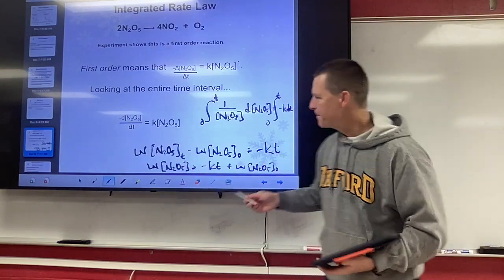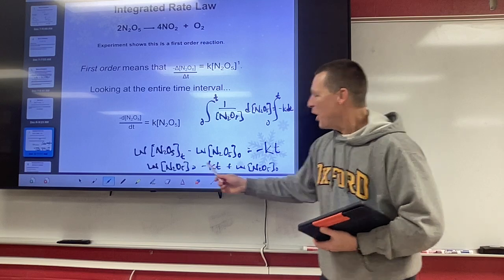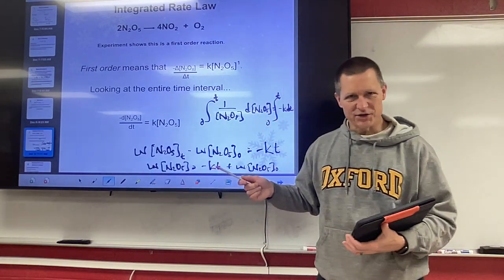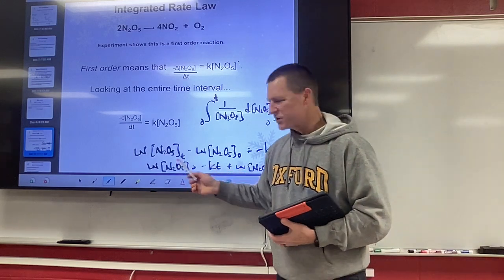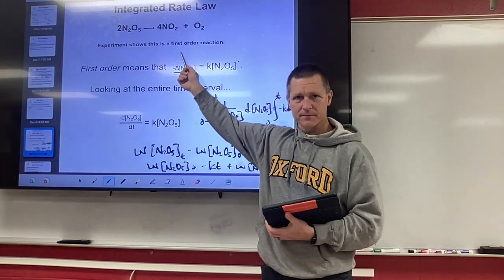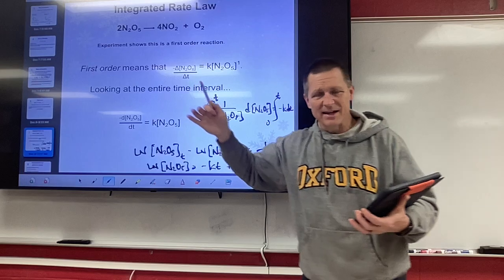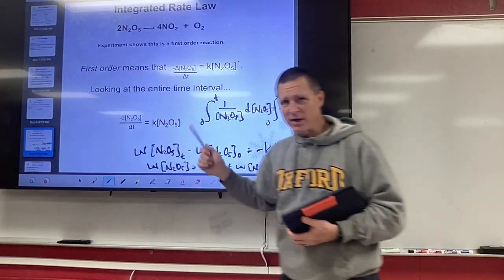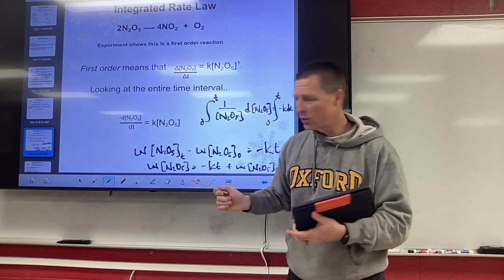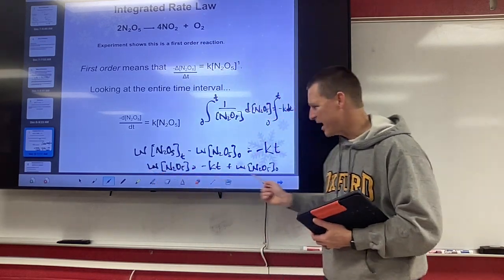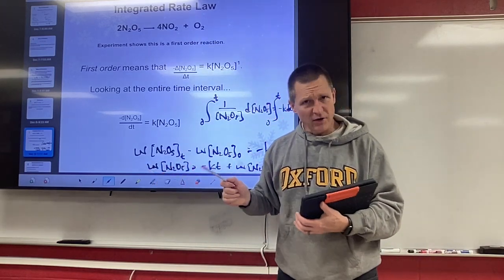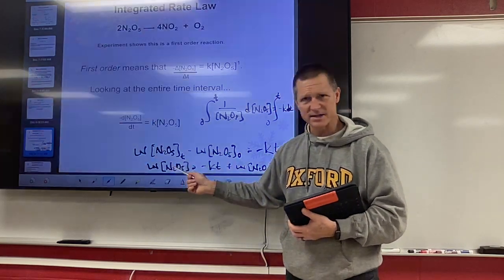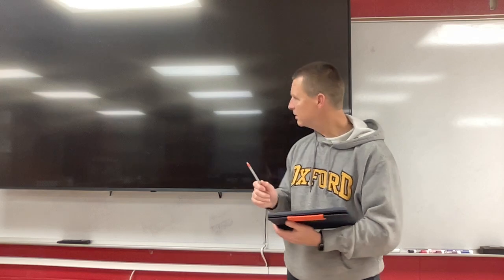What did this mean? I have a mathematical equation that describes, again, this is first order, and for any reaction which has a first order reactant, the integrated rate law is going to have this pattern. The variables here are the concentration of N2O5 at some time t.